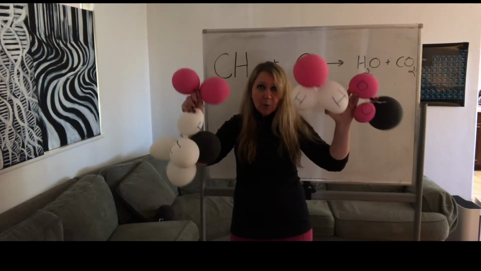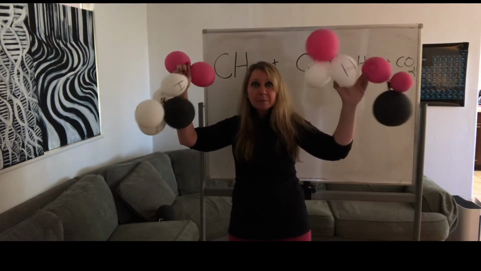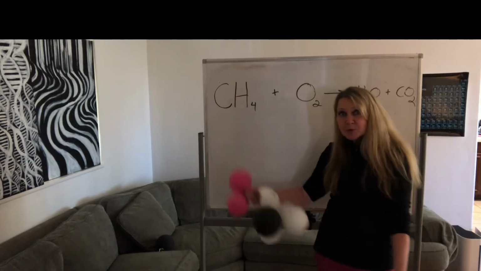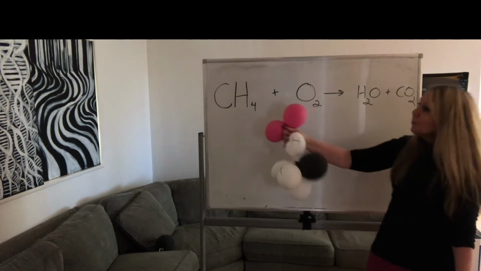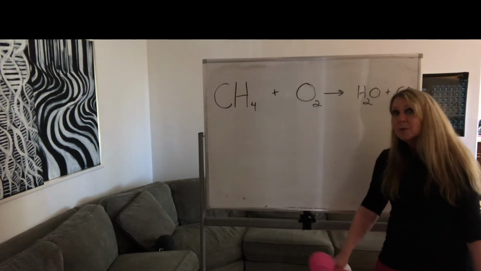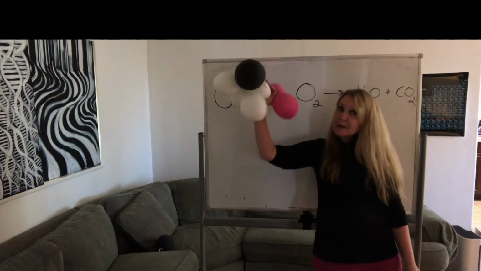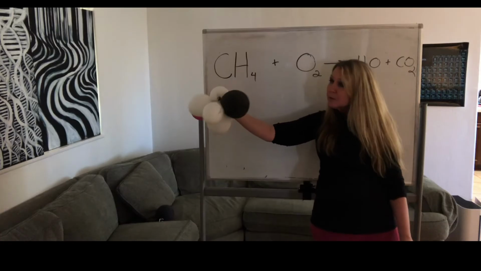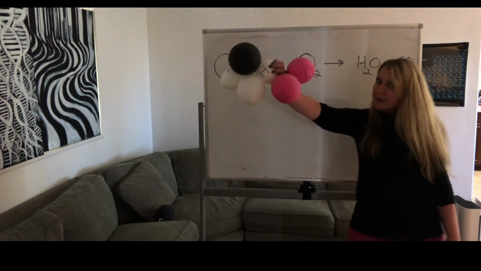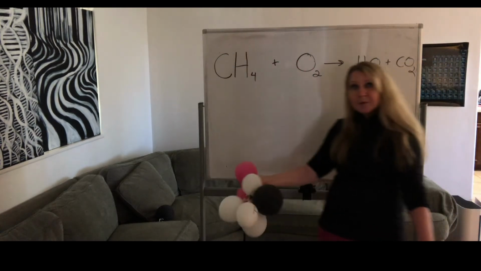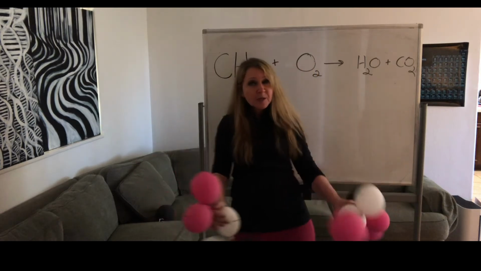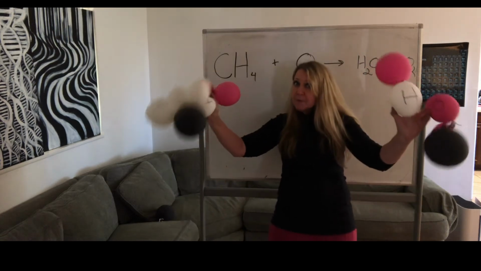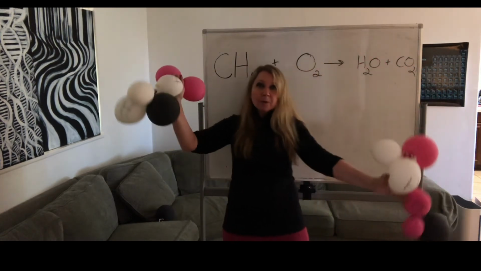So we have to figure out what we need to do to make them equal. All right, well, we cannot change the subscripts. So we know we cannot change this 4 here. So we're always going to have at least 4 hydrogen atoms. So that's where to start. My suggestion is the first thing you're going to figure out is what types of atoms you have, and then count them. Find out if they're equal or not.